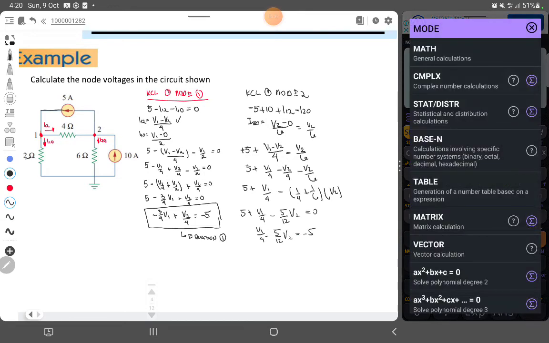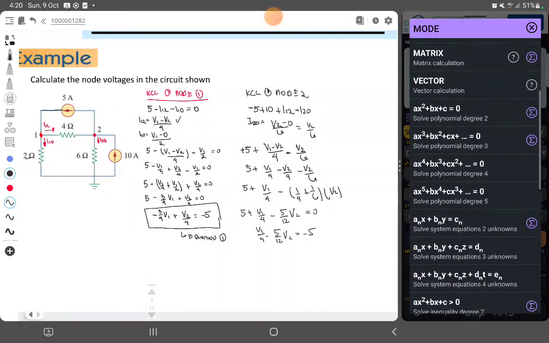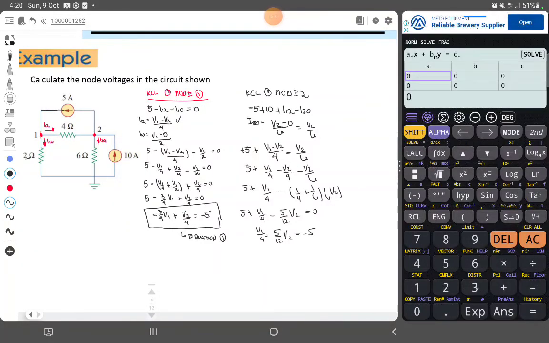So from that, I can compute it using my calculator. You can solve this manually, but of course we are already in modern day, so we can use our calculator.